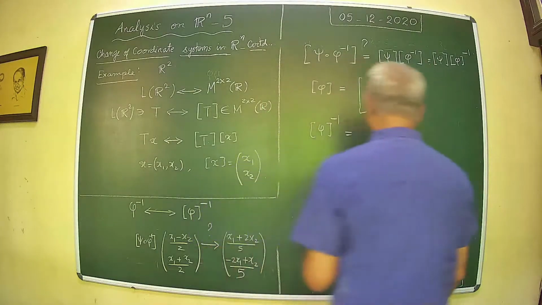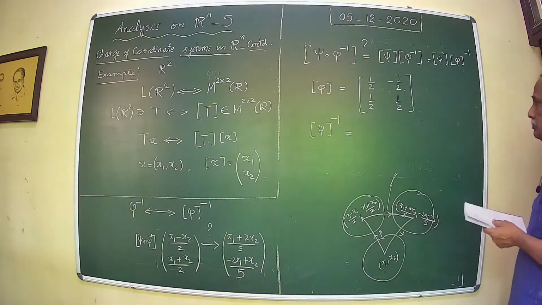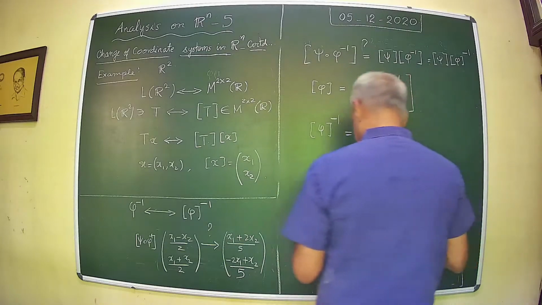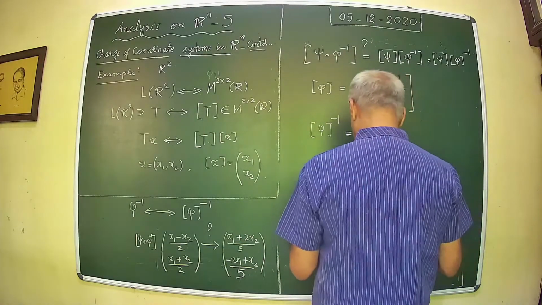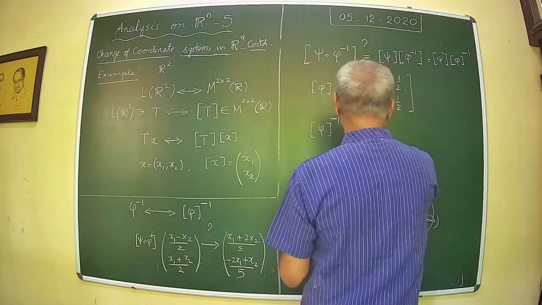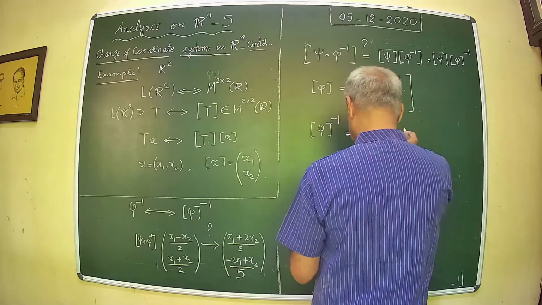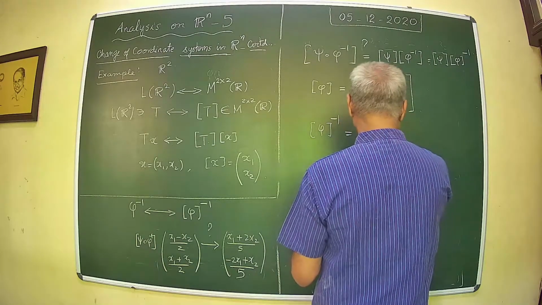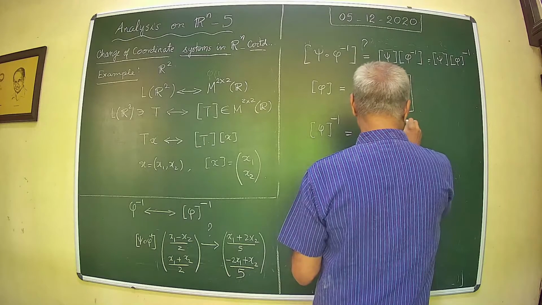This is equal to. Let's compute this. So you can show that this is exactly equal to 1, 1, minus 1, 1.